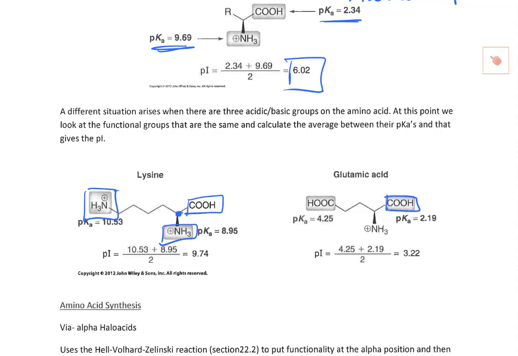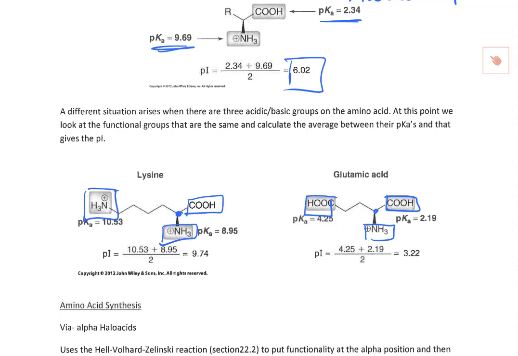So here's your carboxylic acid, here's your amino group, here's your alpha carbon, and then this is your acidic side chain. So what you do when you're trying to calculate the pI for the amino acids that have an acidic or a basic side chain is you find the two groups that are the same and you calculate the average between their pKa's.